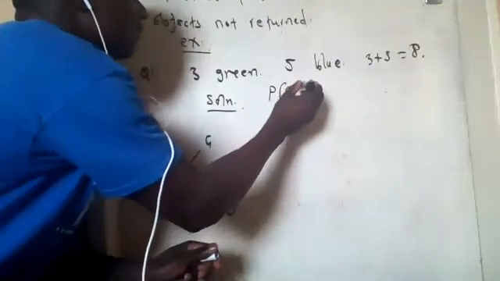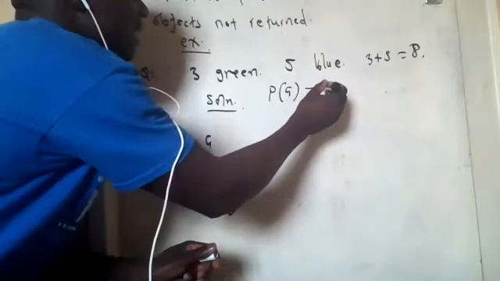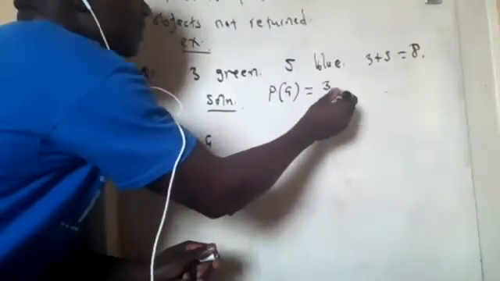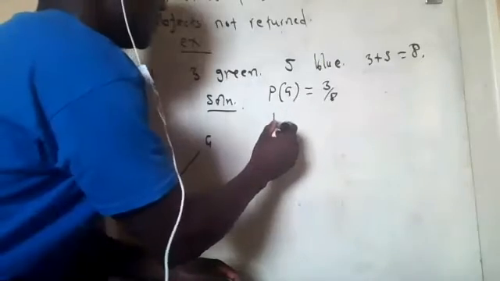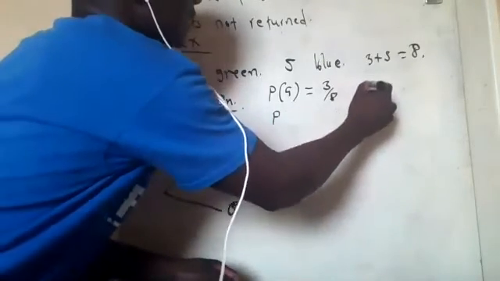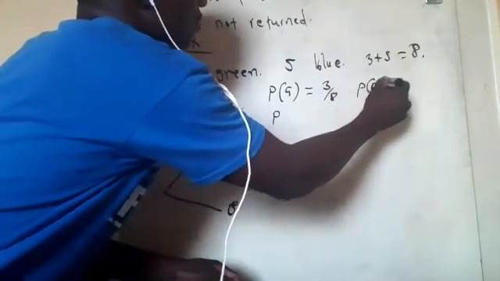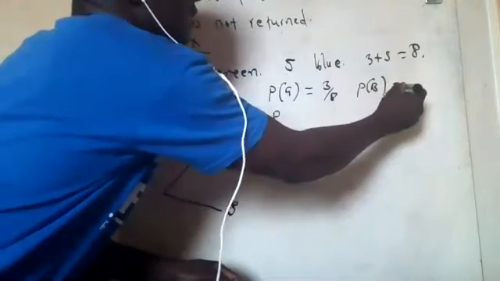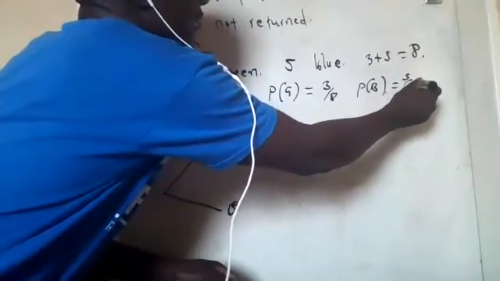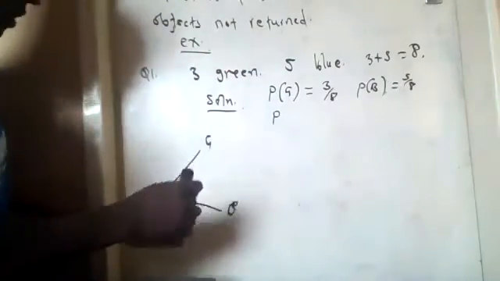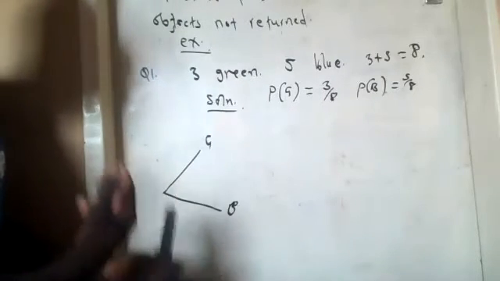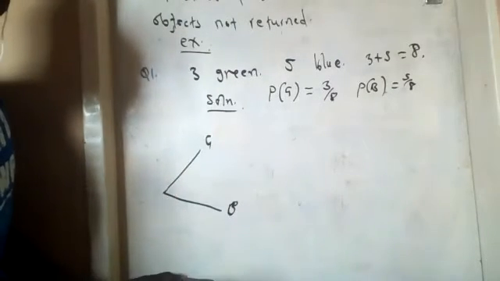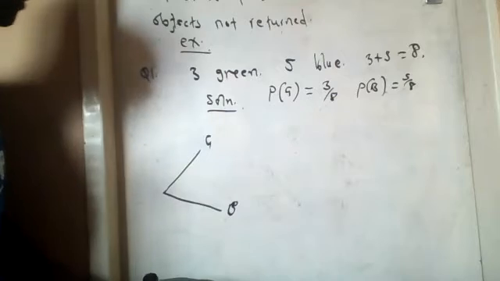So the probability of picking a green, initially, is 3 out of 8. Initially, that's how they are. And then the probability of a blue, we are told that they are 5 over 8. This is how the discs are in the box before any of them was taken at random.